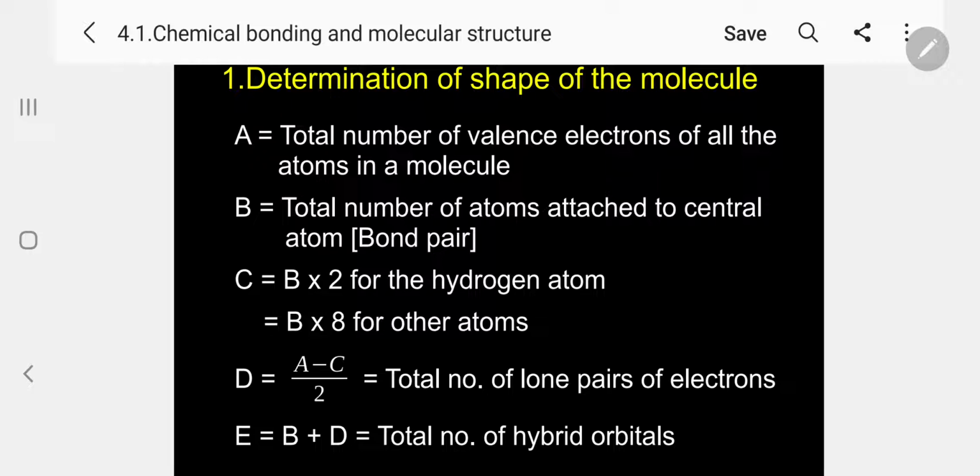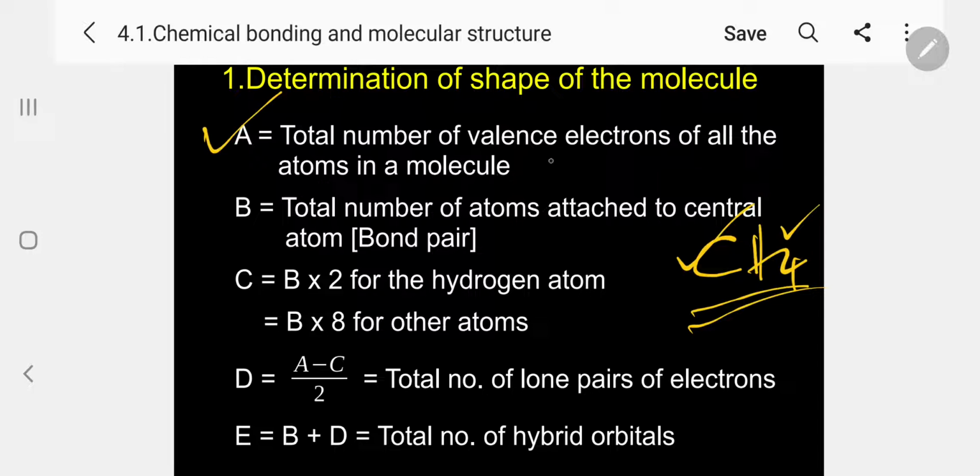There are two methods to calculate hybridization as well as the total number of lone pairs. This is the first method. How to determine? Let me take the example of methane. Kindly follow. In methane, what is the central atom? C. What is the number of atoms attached? 4. Now whatever the molecule, to calculate, you have to take A. What is A?